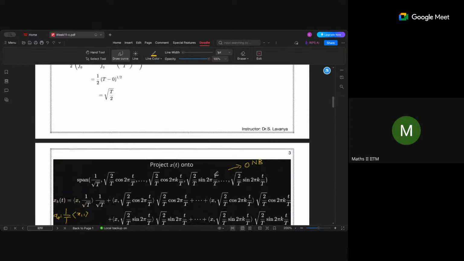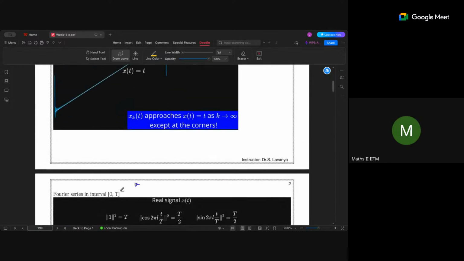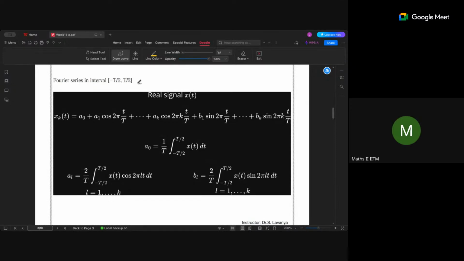Okay, so now we have got the expression for the Fourier series in which interval? In 0 to t. Now what is the length of this interval 0 to t? T. Okay. Now what about the length of the interval minus t by 2 comma t by 2?